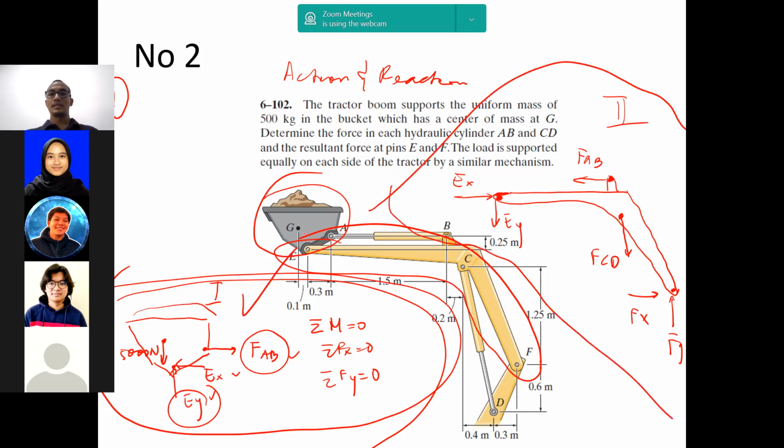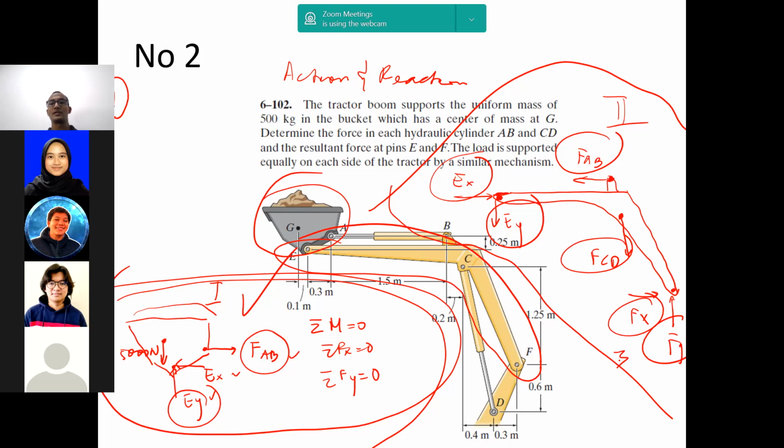If we solve the first free body diagram, then in the second free body diagram we already have the values of FAB, EX, and EY, correct? So here we just need to solve for FCD, FX and FY. So we have three unknowns from the second free body diagram.